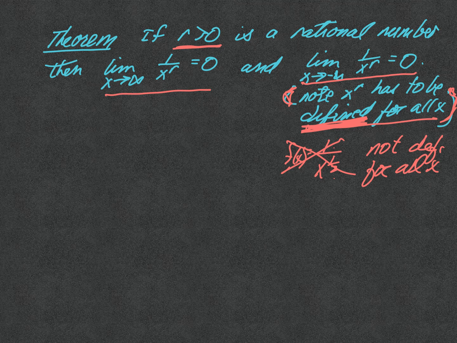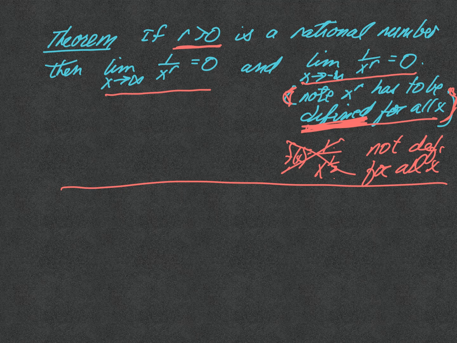So what we want to do is use this fact to help us solve problems, okay? That's pretty much what most of the rest of this chapter is about, a couple of little definitions. But let's do a few limits here.